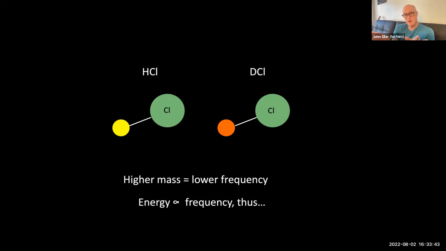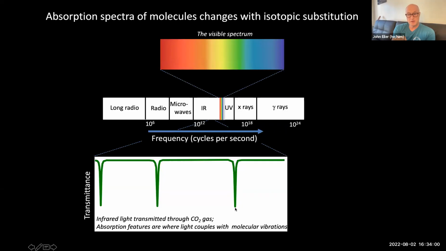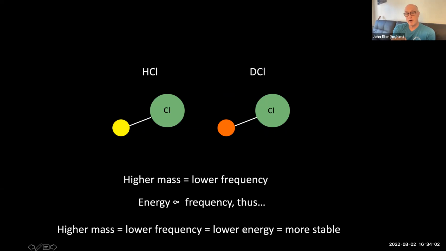This is a founding concept of quantum mechanics and really one of the ideas that launched the physics of the 20th century. The combination of these two ideas tells us that when I put a higher mass rare isotope into a molecule, I lower the frequency of the molecule's motions, and therefore I lower its energy content. I make the molecule more stable.